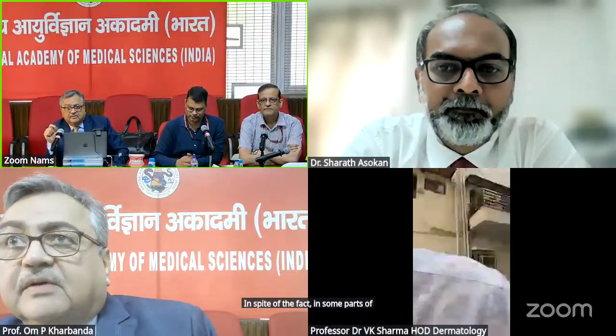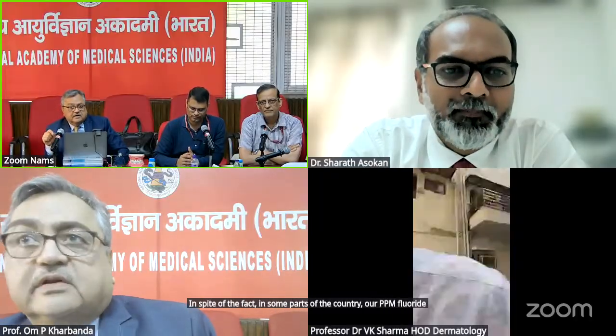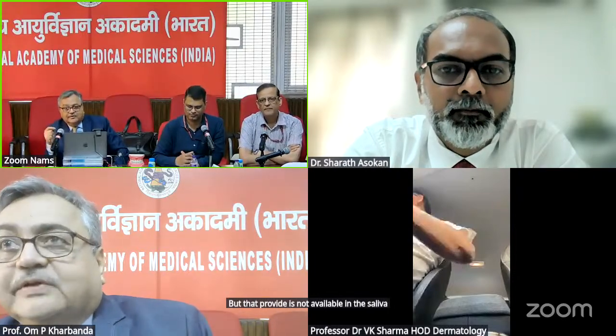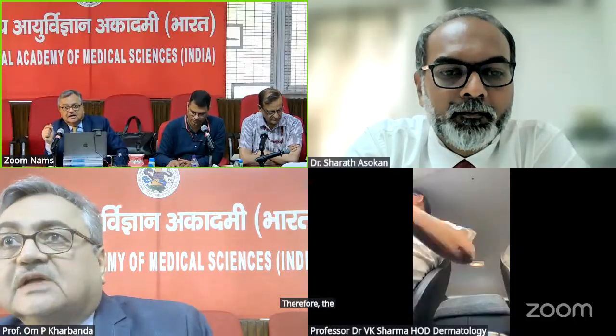In some parts of the country, the fluoride levels in the water are very high, but that fluoride is not available in the saliva locally for influencing the prevention of caries. Therefore, the recommendation is 1000 ppm toothpaste.